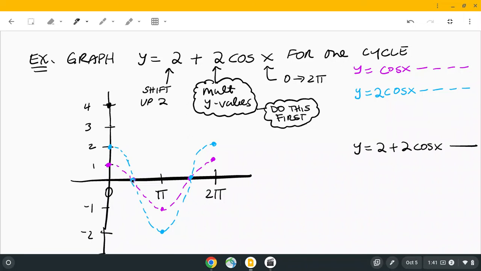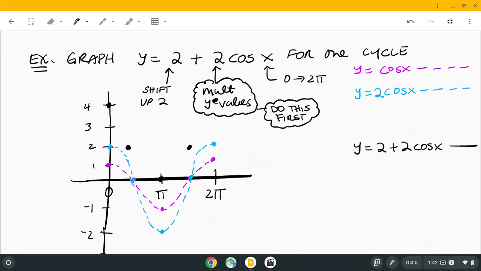Shift this up 2, 1, 2. Shift up this point, 1, 2. Shift up this point, 1, 2. And shift this point up 2, 1, 2.